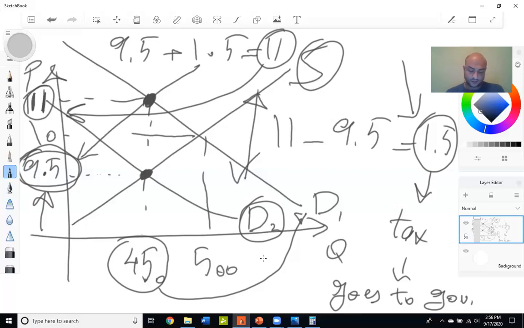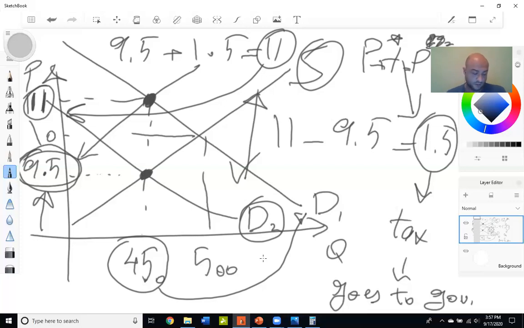You can find the new price, P star, then add the tax to it to find the P, let's call this P equilibrium 2 or P demand 2, something like that. This is the new price that I'm paying.